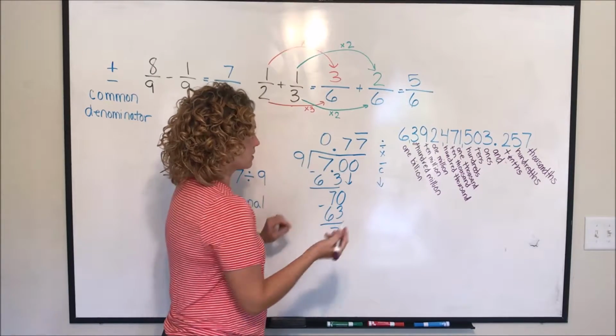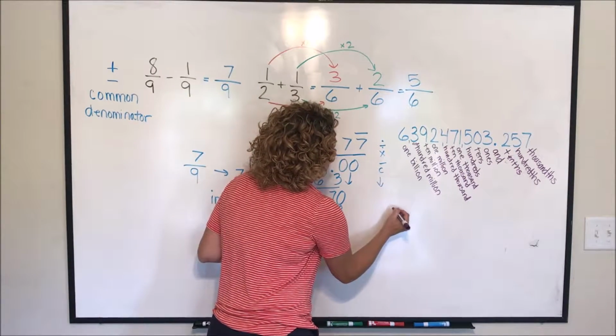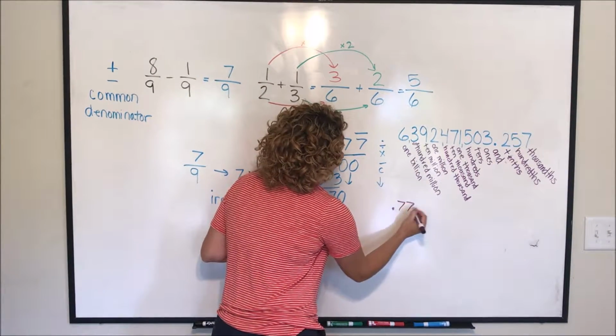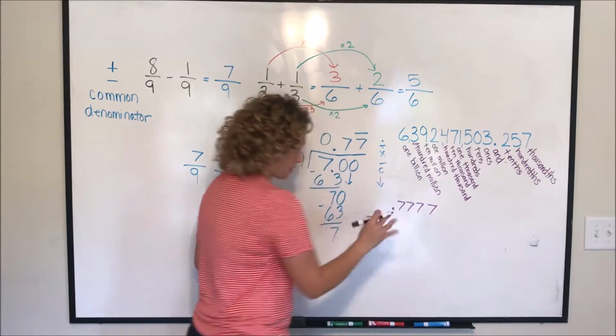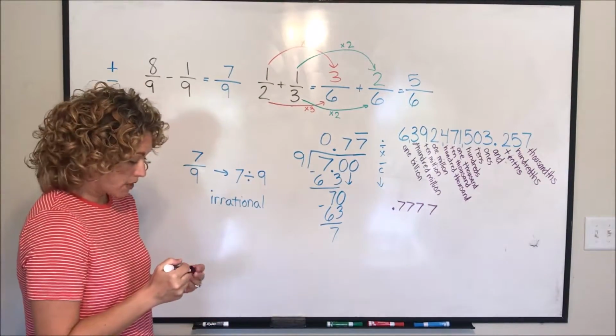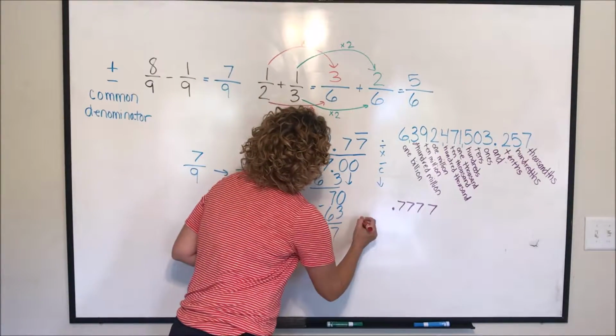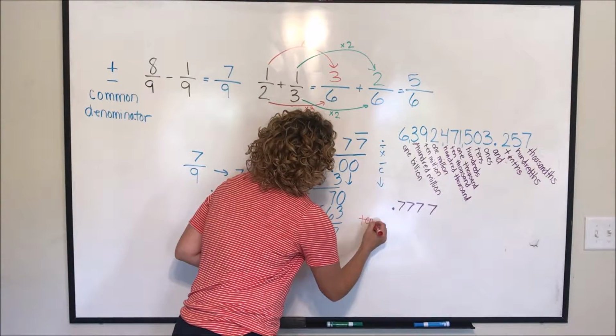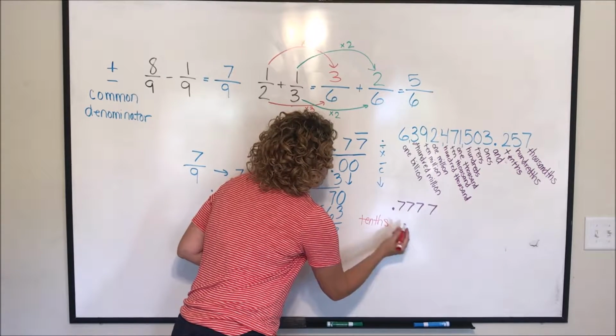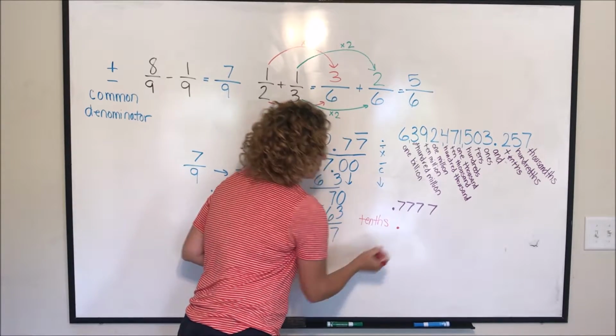Now, this answer is 0.7, and that 7 keeps going, right? Doesn't stop. If I asked you to give me this answer in tenths, that means we would have that point.